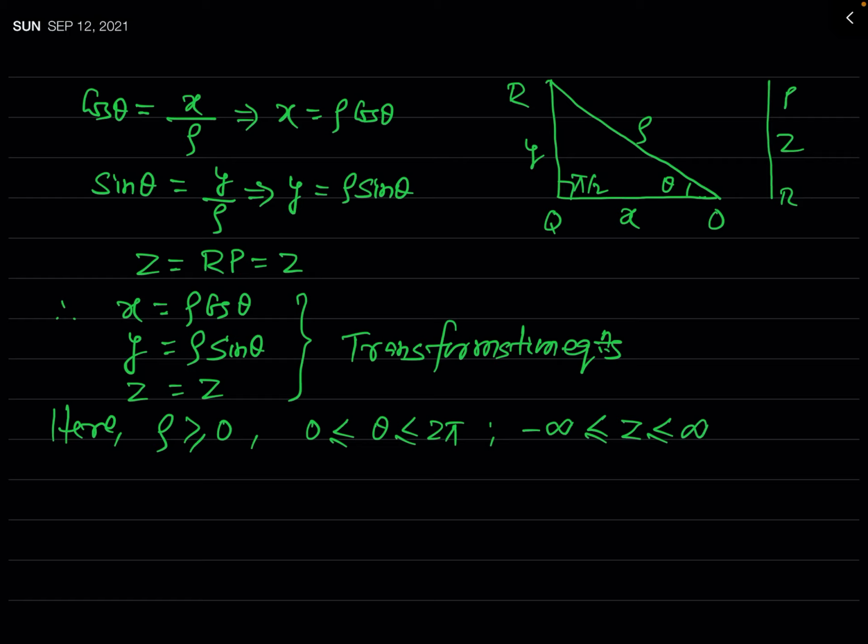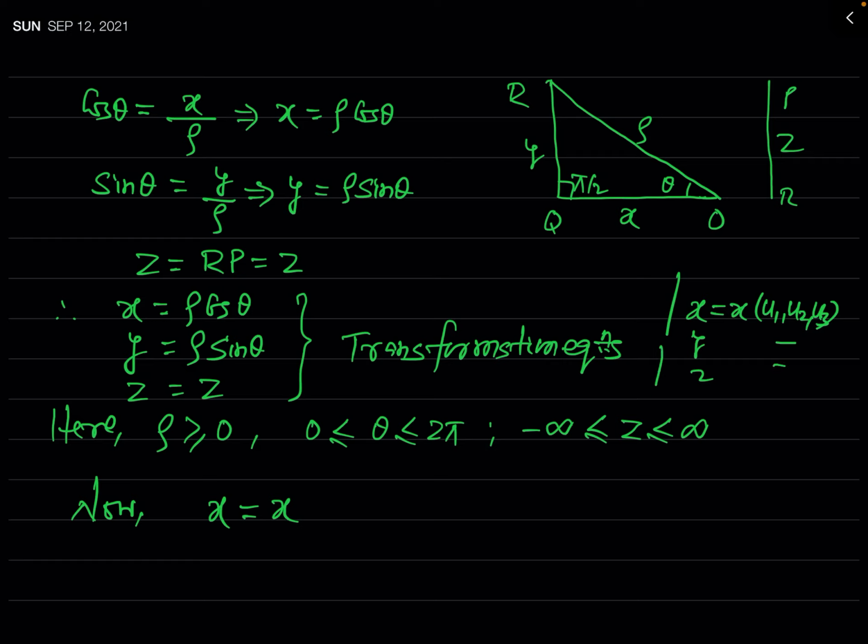Now from here we can find what will actually be the differential change in x, y, and z. According to the transformation equation, this Cartesian coordinate x may be expressed as a function of the cylindrical coordinates, because you have seen in earlier lectures that x is a function of u1, u2, and u3. Similarly, y is also a function of this, z is also a function of this.